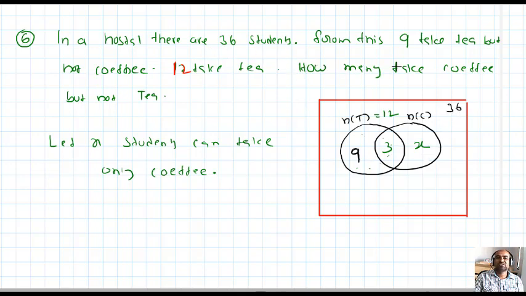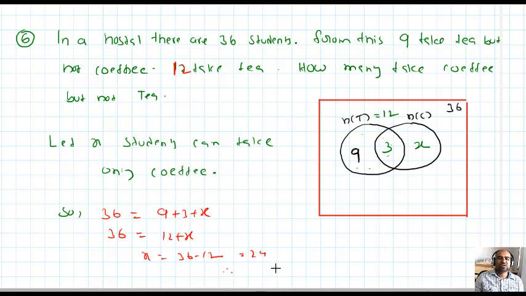Here it is not mentioned that some students take neither of them. Means among these 36, we assume that everyone takes any one of them. So 36 is equal to 9 plus 3 plus x. 36 equal to 12 plus x. So x equal to 36 minus 12, that is 24.